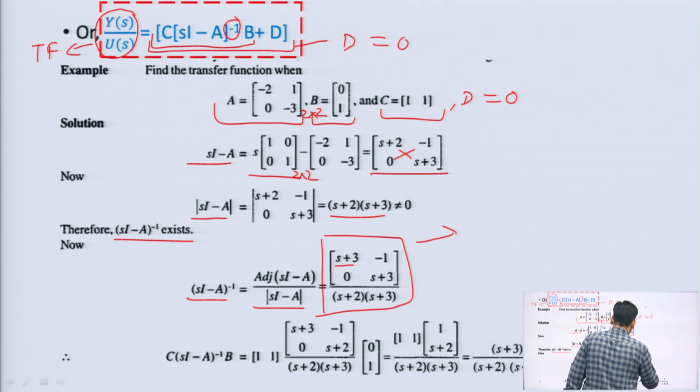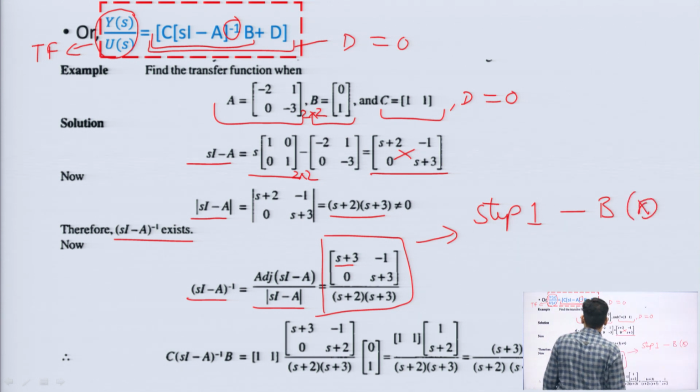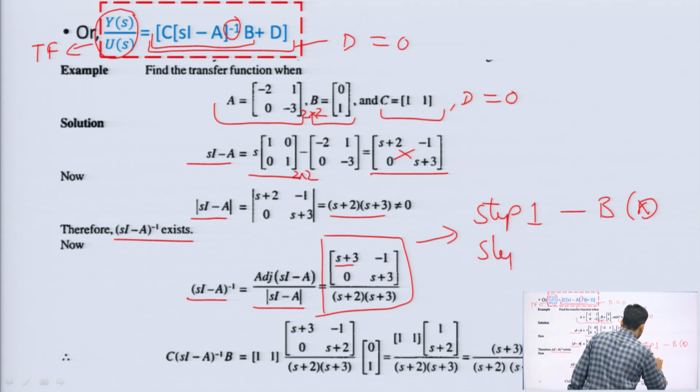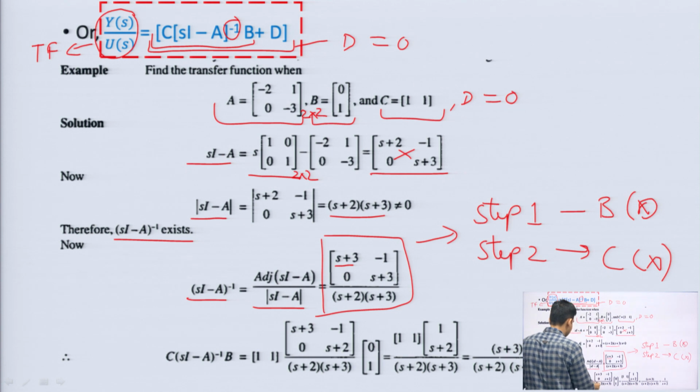Now, we need to multiply with the B and C matrices. Whenever we are converting this, step 1 is to multiply first by the B matrix. It will ease the calculation if you follow this order, and step 2, after multiplying with B, you multiply with the C matrix. So, here (sI minus A) inverse is available with me.